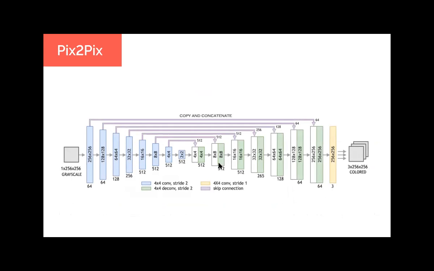After that, using upsampling layers, we're going to talk about it later, it gives it back like this, and your output will be 256 by 256 but in 3 dimensions, which is RGB. It's like a U-Net.